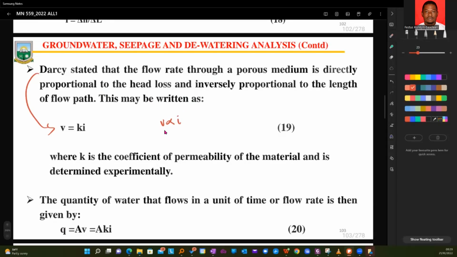If I know these two things, this one we can compute from total head on L, then I can come up with this constant which is being introduced, and we call that the coefficient of permeability. So I can say V is equal to K i, and that is what is introduced there.